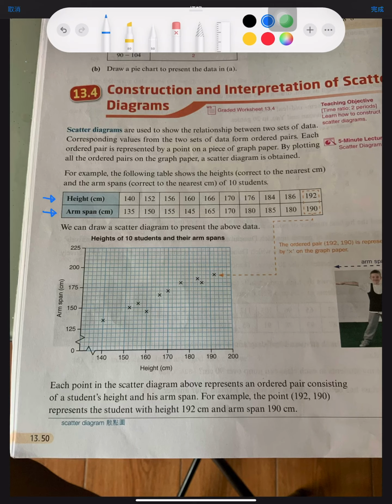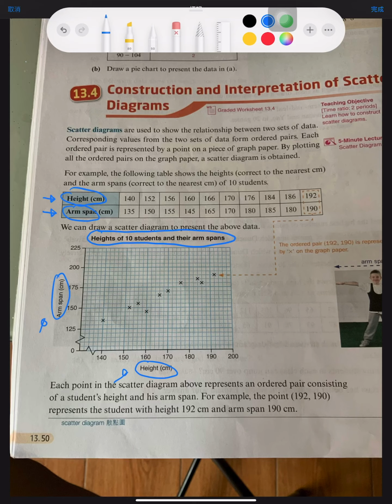What is the relationship between these two data? For drawing the scatter diagram, of course, we should have the title, and the x-axis and y-axis should label the data that you are finding. This time we are finding the relationship between height and arm span.